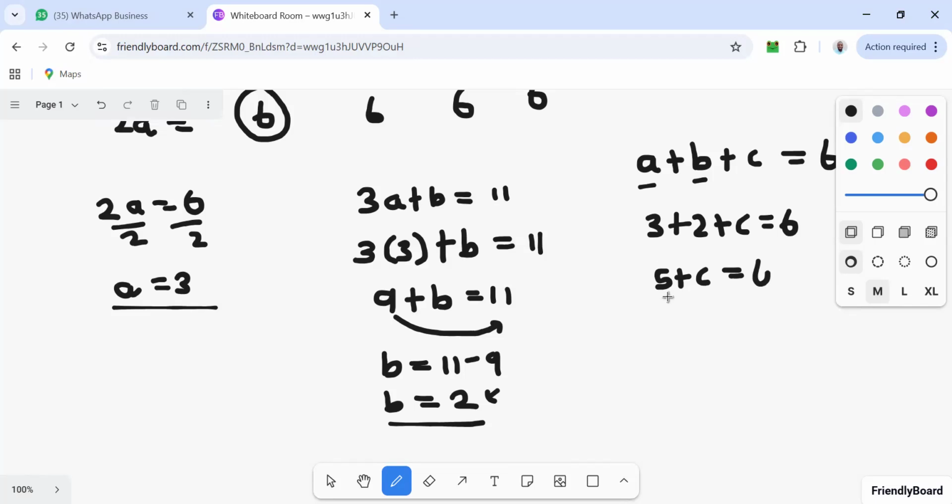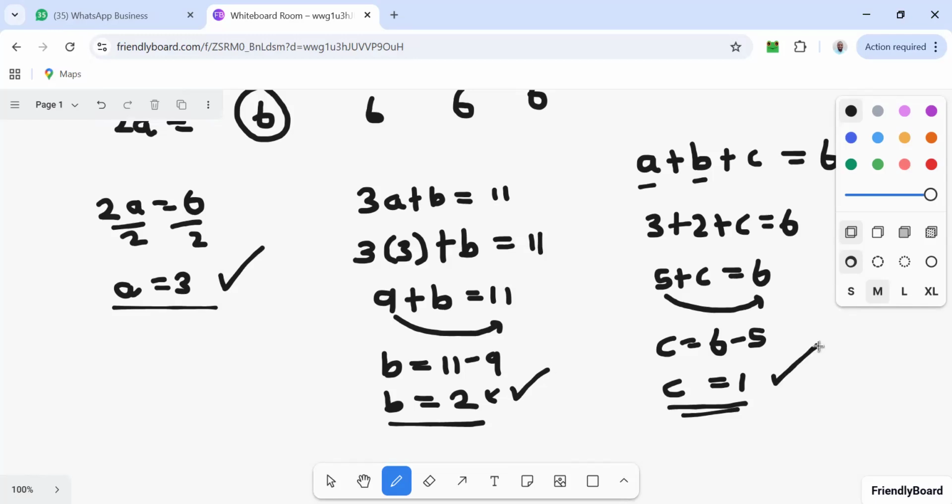Then take this 5 to the other side. So c is equal to 6 minus 5. Therefore, c is equal to 1. So now I have my a, my b, and my c.